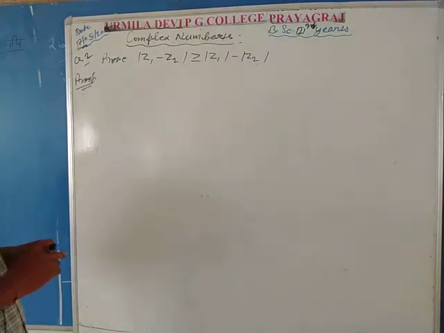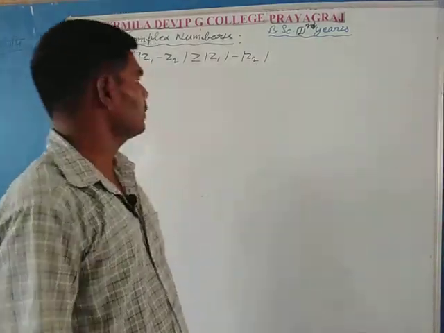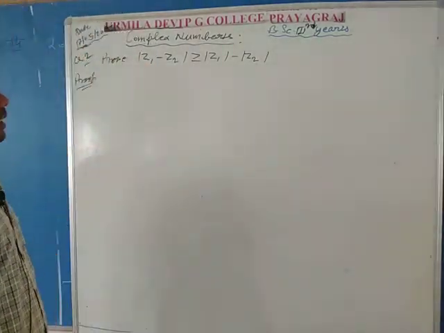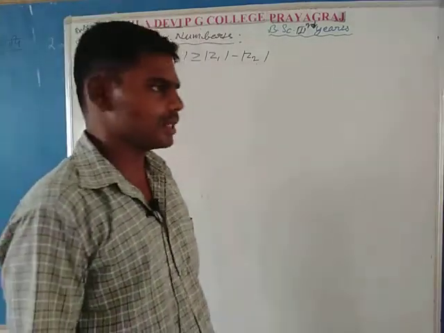In question second, prove that mod of Z1 minus Z2 is always greater than or equal to mod of Z1 minus mod of Z2, where Z1 and Z2 are two complex numbers.